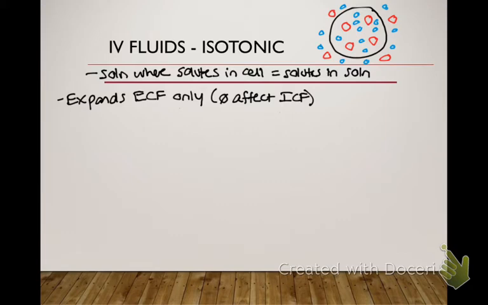So if we give a hypotonic solution because we're dehydrated and we're pushing fluid into the cells, why are we going to give an isotonic? So the fluid outside the cells is what's lacking. I'm not dehydrated, but the fluid outside is.